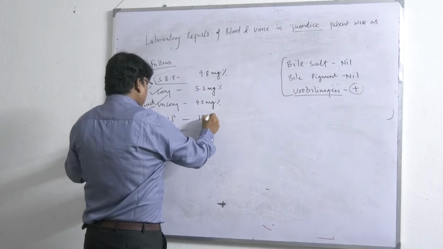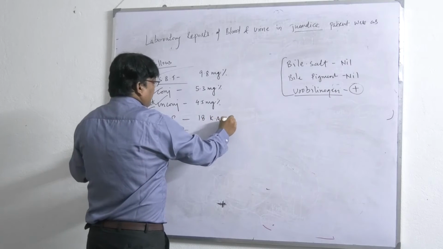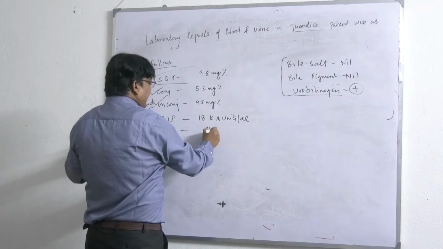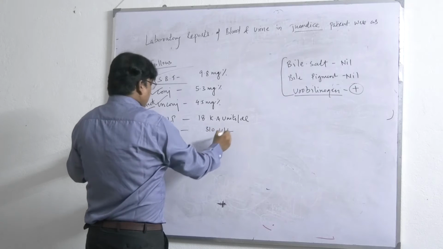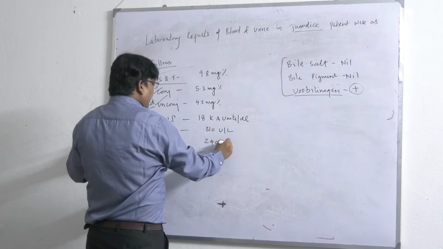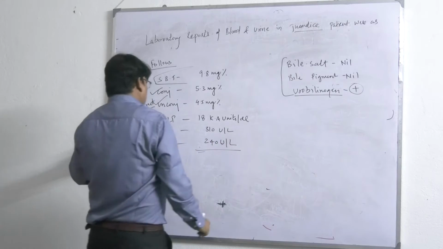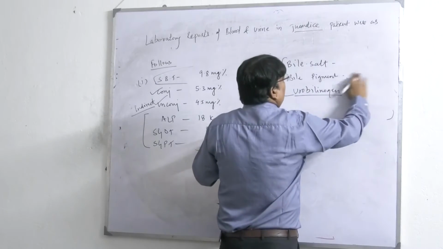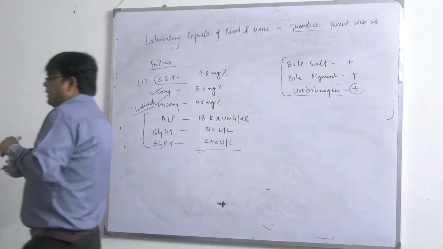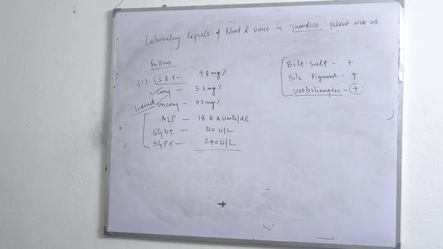Serum alkaline phosphatase is 18 King units per dl, SGOT is 310 units per liter, and SGPT is 240 units per liter, and these are positive. Now you mention the case. Again, this is another class of enzymes and you easily give the answer.